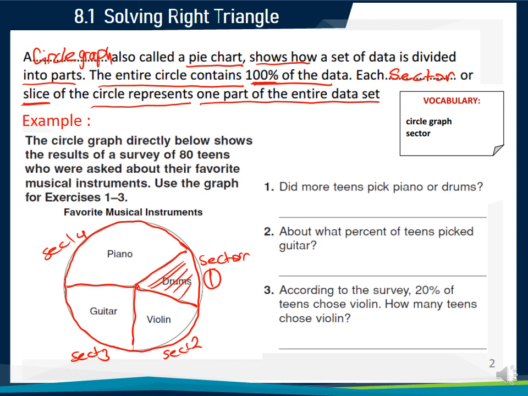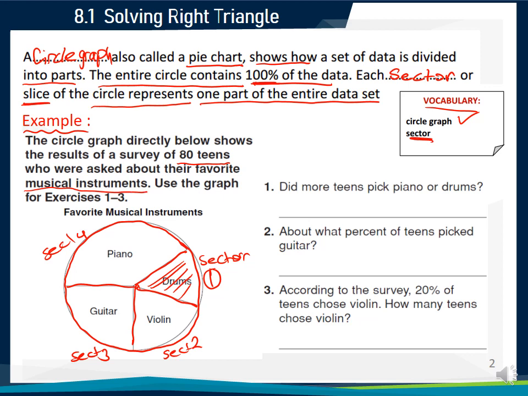Here we learned the vocabulary. This is a circle graph, and a sector means a part. Now we are going to study example 1. The circle graph directly below shows the result of a survey of 80 teenagers who were asked about their favorite musical instrument.